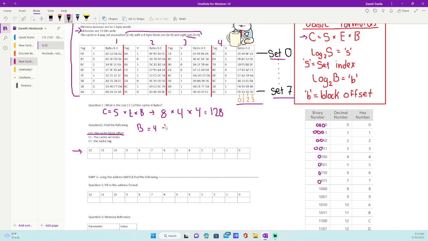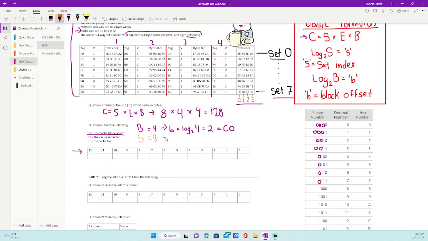So our block offset, our little b, would be equal to log base 2 of 4, which is equal to 2, and we would have 2 CO. Now, for our set index, we know that big S, our 8 sets, is equal to 8.